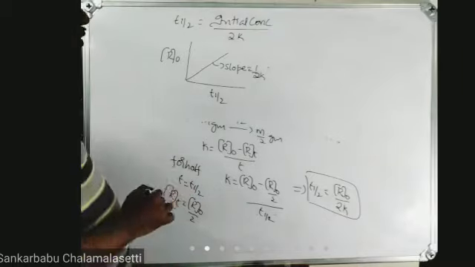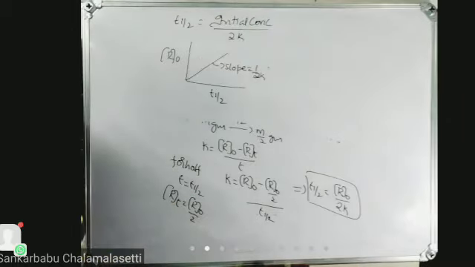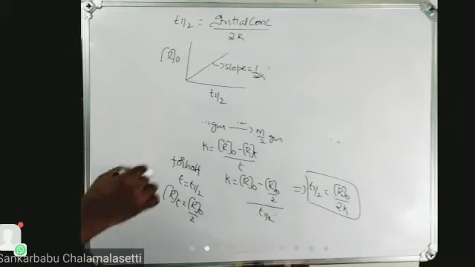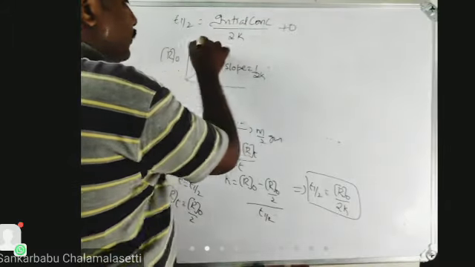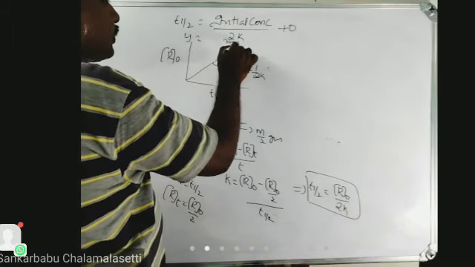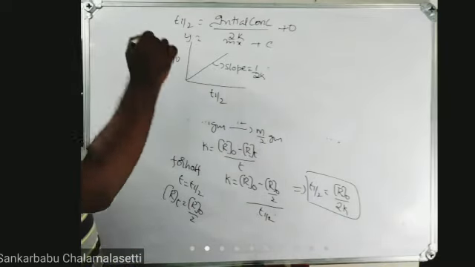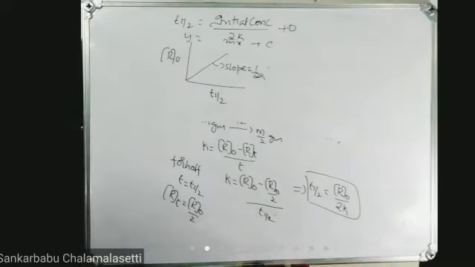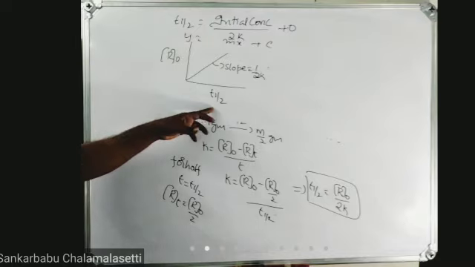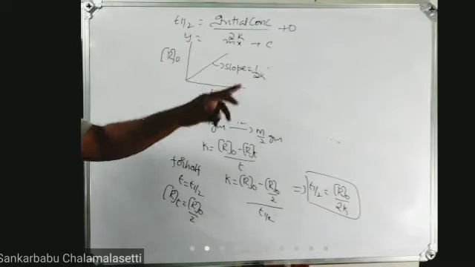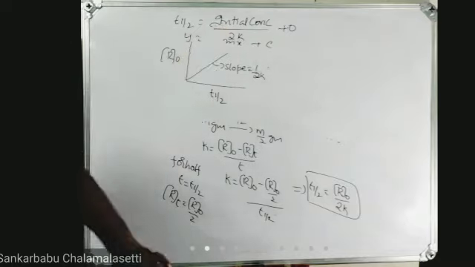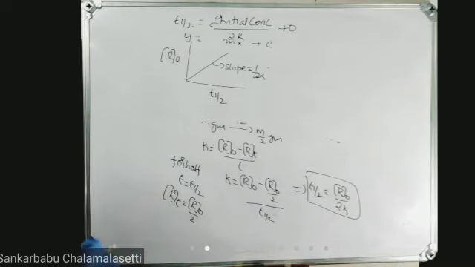Like y is equal to mx plus c, here the y-intercept is 0, so there is no intercept. So the graph between R naught and T half is a straight line with slope 1 by 2K.